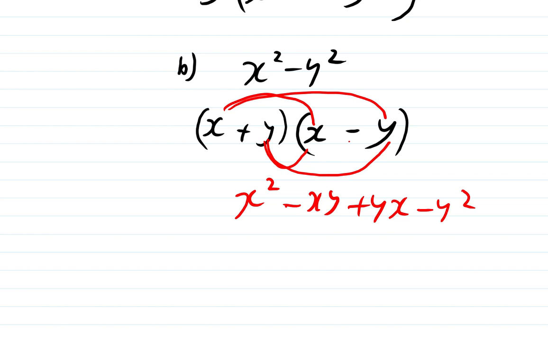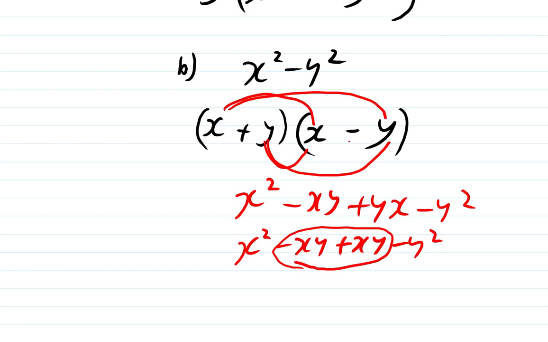So you have x squared minus xy plus xy, because yx is the same as xy, minus y squared. Negative xy plus xy is 0, so you have x squared minus y squared. See how it works?